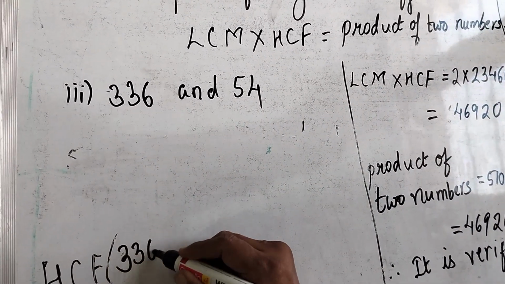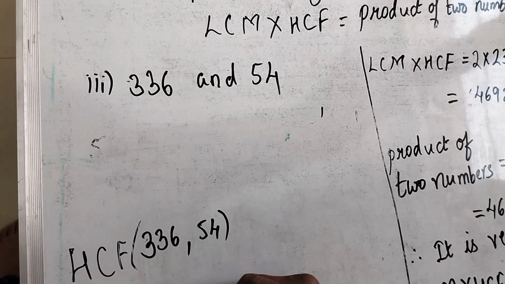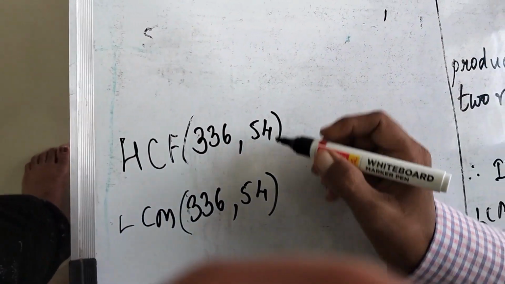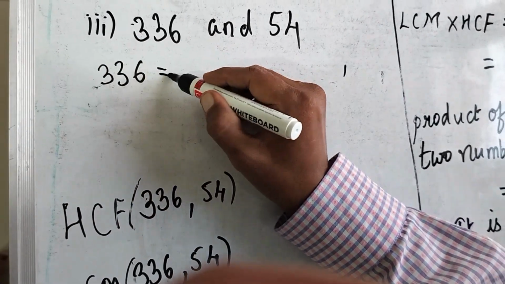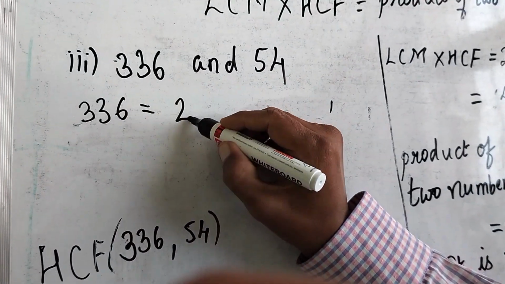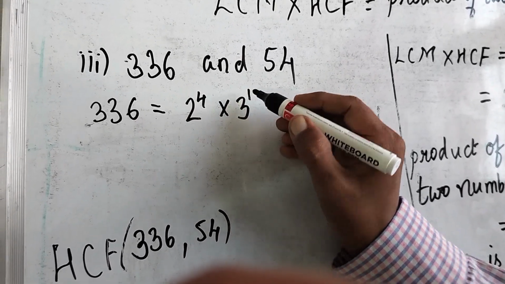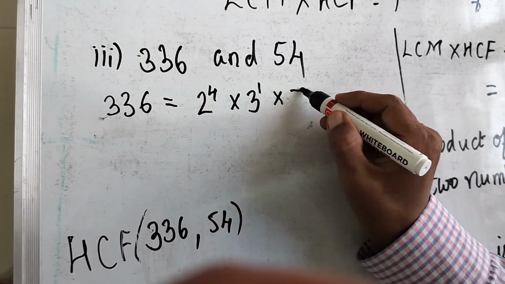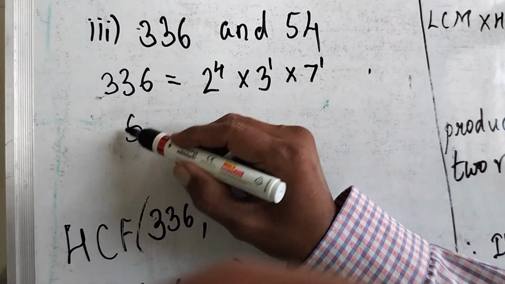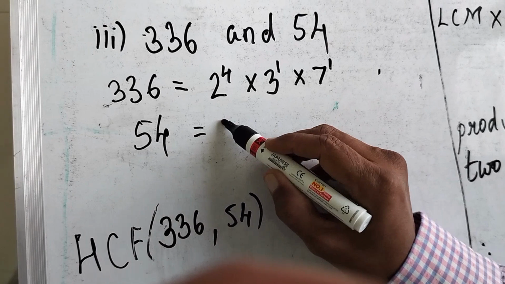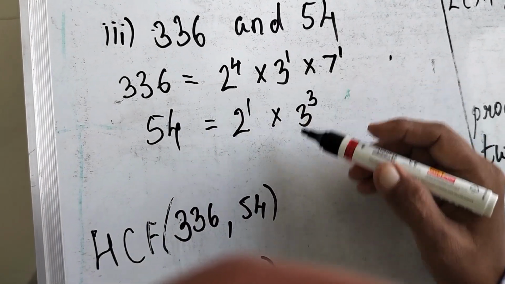Now for 336, you have the factors as 2 raised to 4. I am not working this out, you can do it, it is very easy. 3 raised to 1 and 7 raised to 1. Similarly for 54, it is 2 raised to 1 and 3 raised to 3.